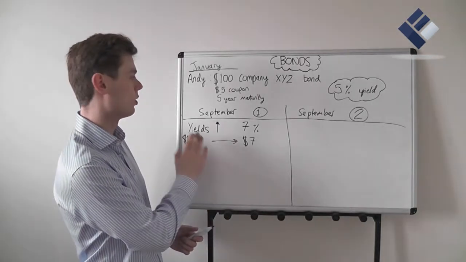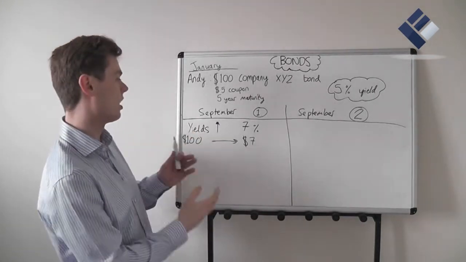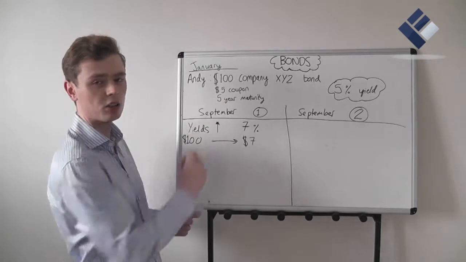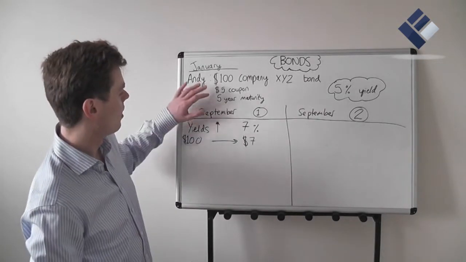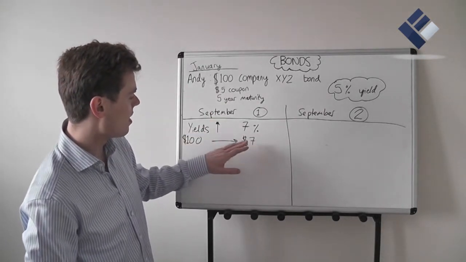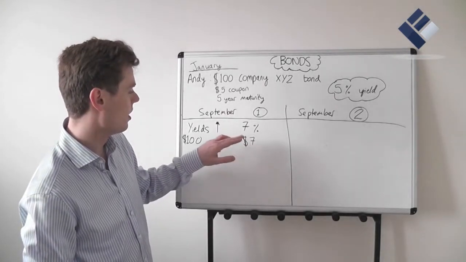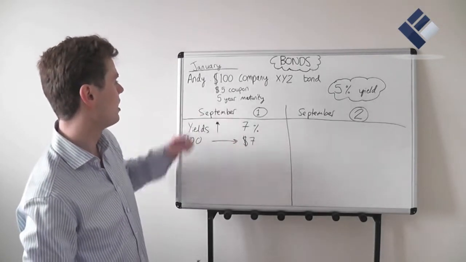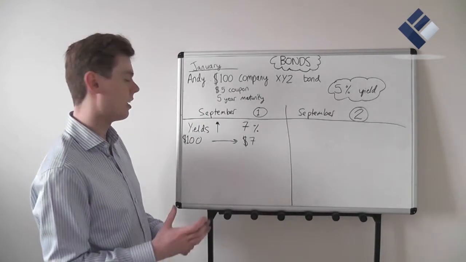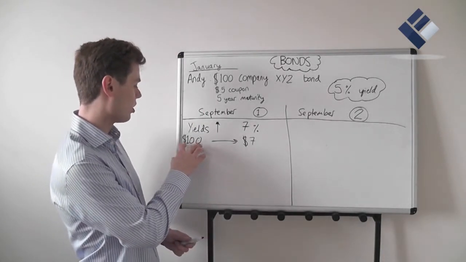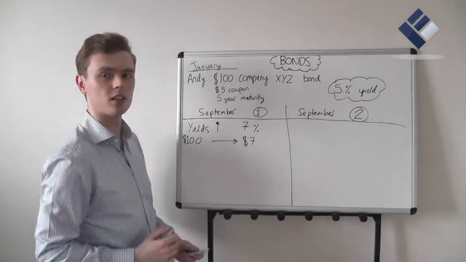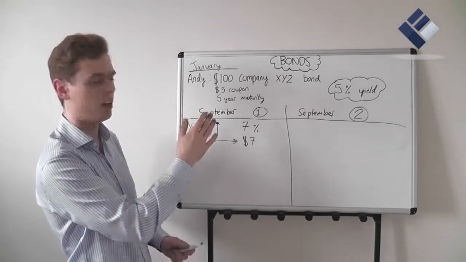We'll say that this bond also has a 5-year maturity, so it's a like-for-like bond with Andy's bond. As I said, the payments promised by this bond, this IOU, are greater than on Andy's bond. But the current market dictates that for $100 you can get these returns. This is all from company XYZ.